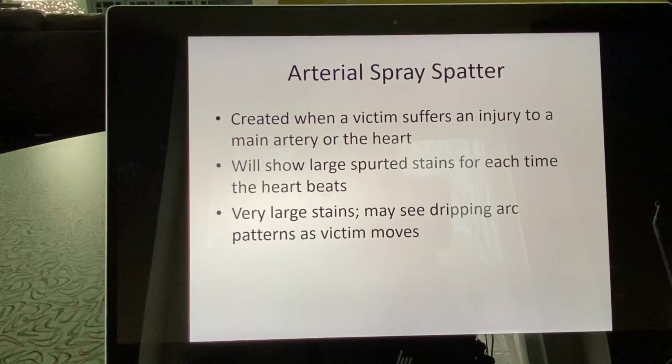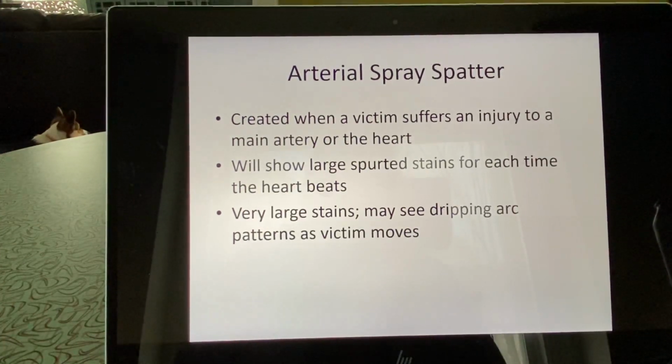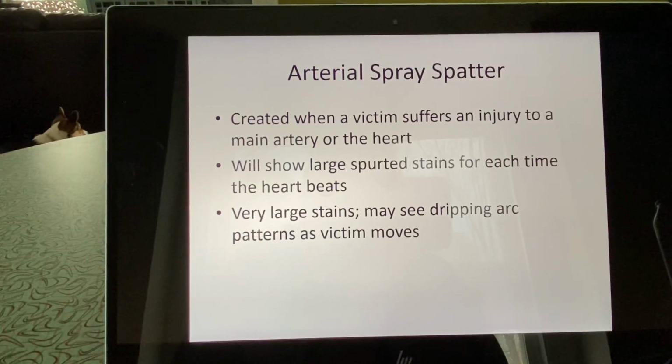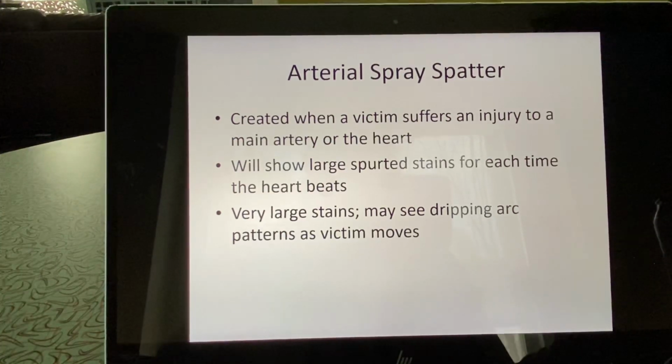So arterial spray, the key is it's when a person is suffering an injury to either a main artery, like the carotid artery, which is in the neck, the femoral artery, which is in the leg, or the heart. And it's going to show a particular pattern because the victim is going to lose a lot of blood really fast, because arteries are carrying blood under pressure.